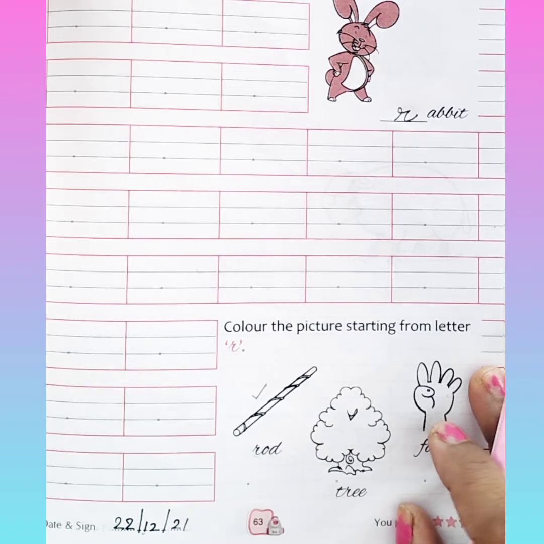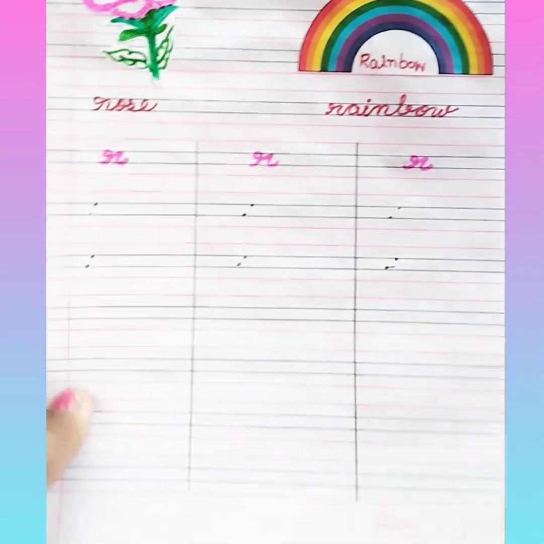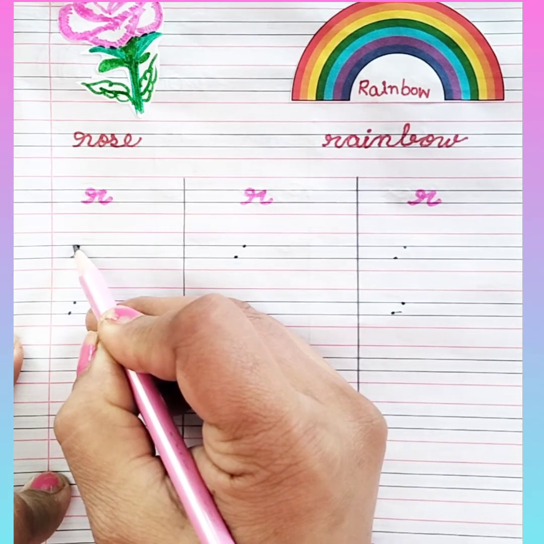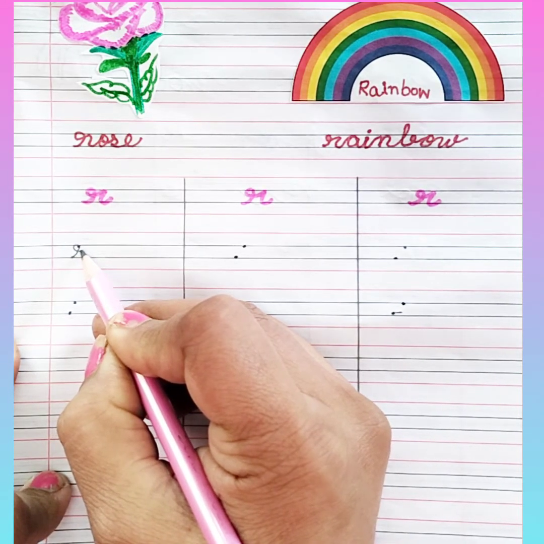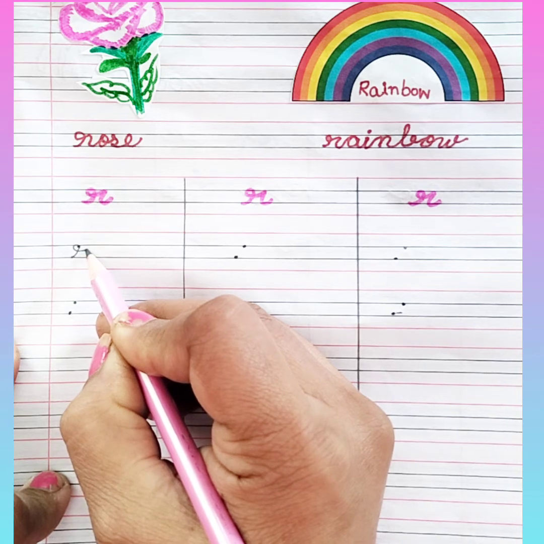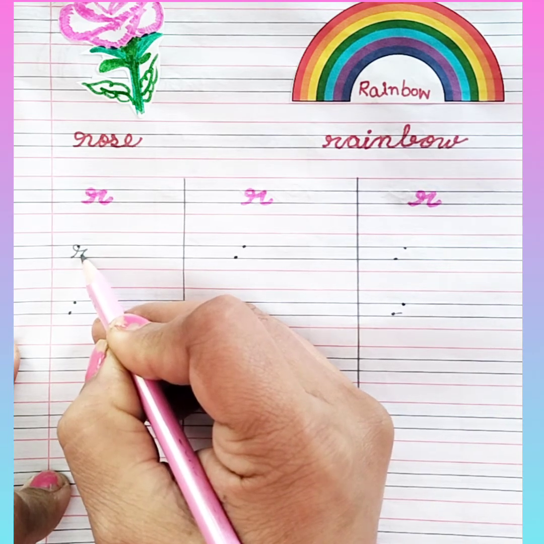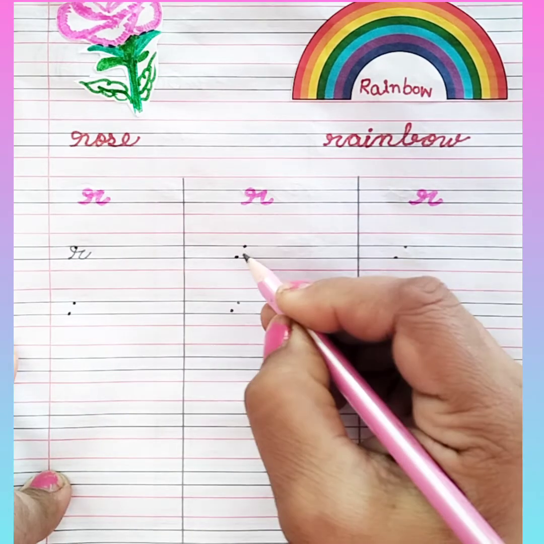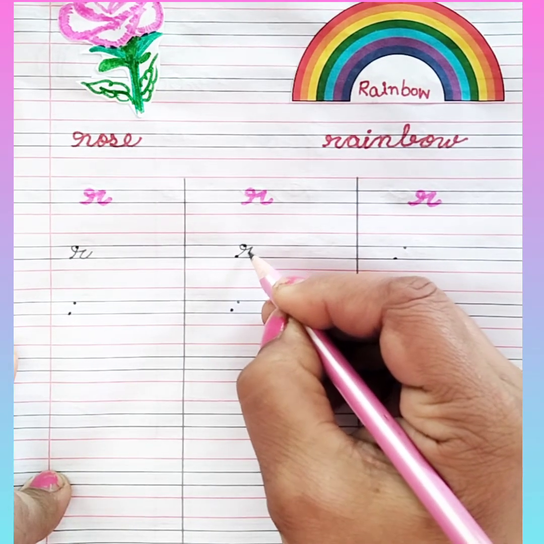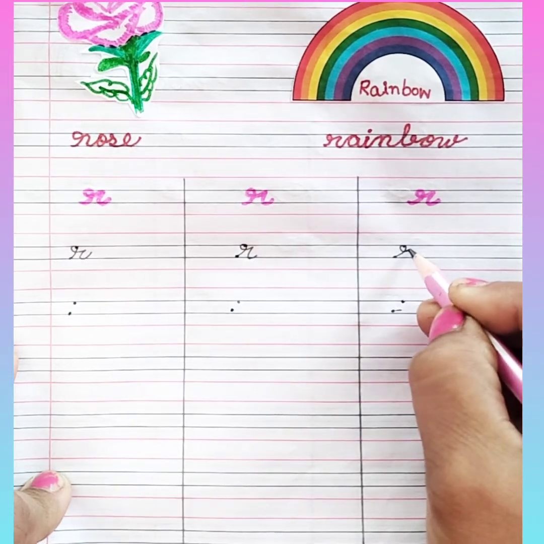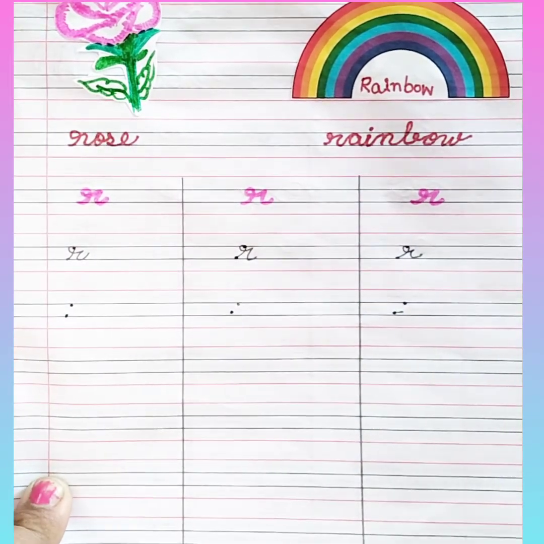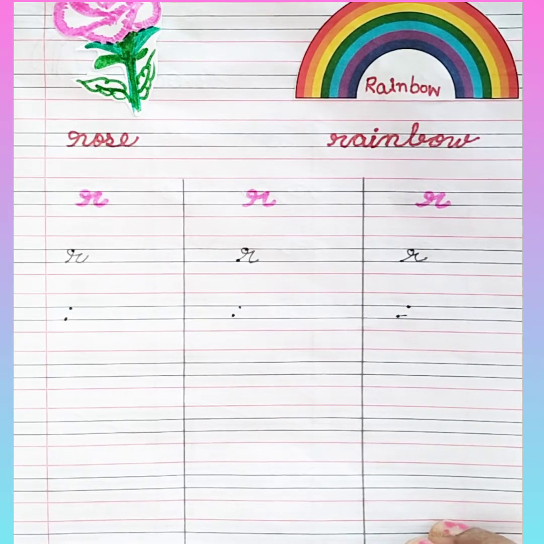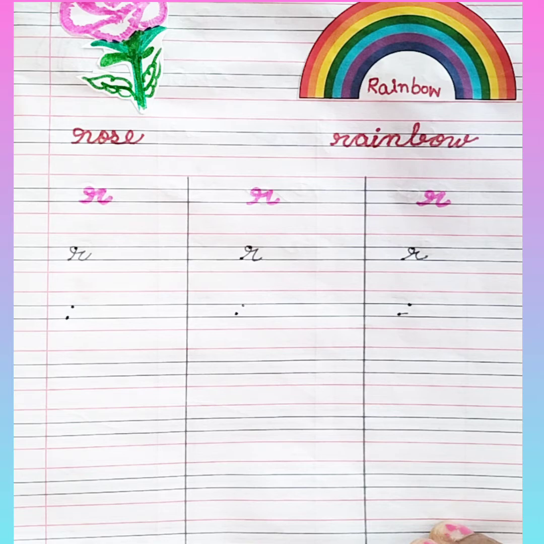Now I will tell you how to write R letter in your copy. Start from this basic line, same, go slanting up, make a small loop and come straight, make a sleeping line and come down to the basic line, touch the basic line and go upwards. Okay kids, so you complete all these work, and after doing this work you write again from letter A to R in your practice copy.